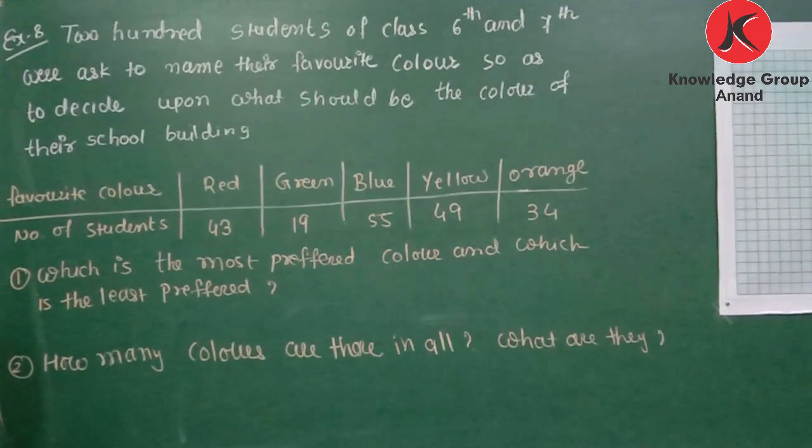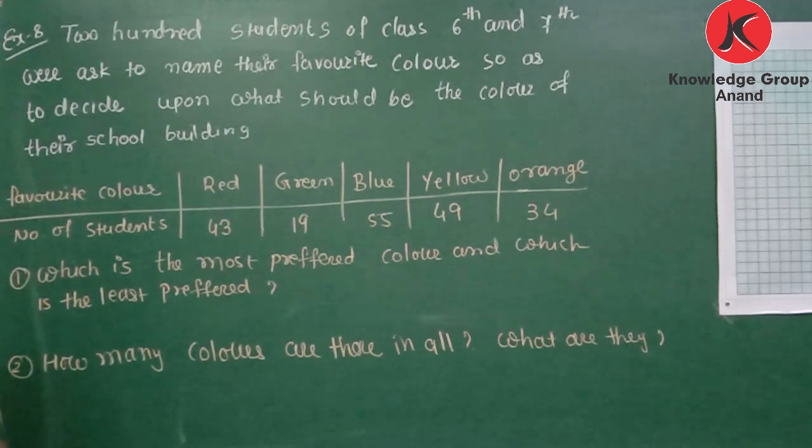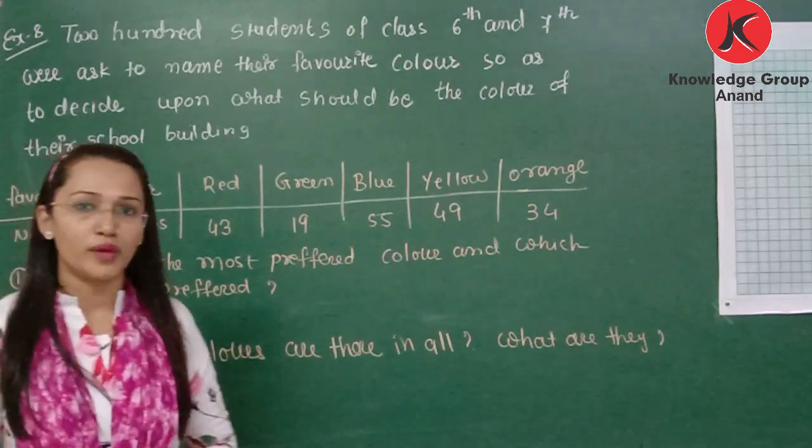Now let's take one example in which we need to draw a bar graph. Here, 200 students of class 6th and 7th were asked to name their favorite color, so that they can decide what should be the color of the school building.